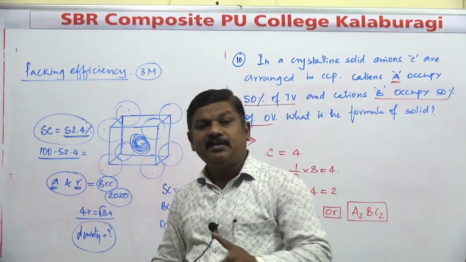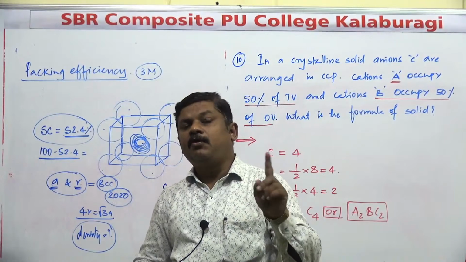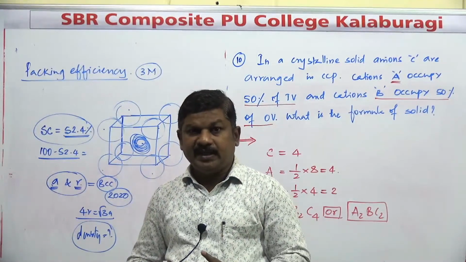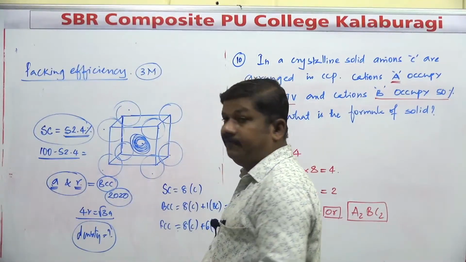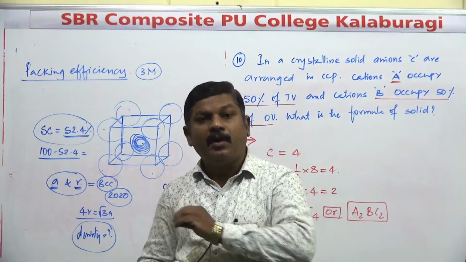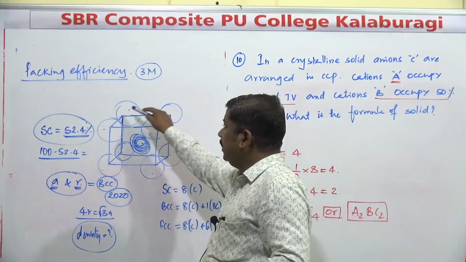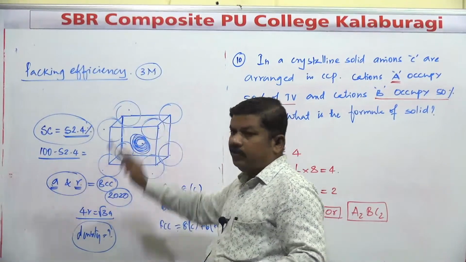Packing efficiency is nothing but the percentage of the unit cell occupied by the different types of spheres. For any type of solid, packing efficiency is not equivalent to 100%, because in all unit cells the constituent particles are spheres.